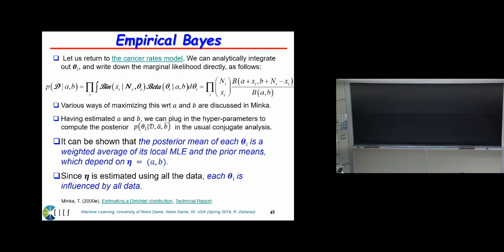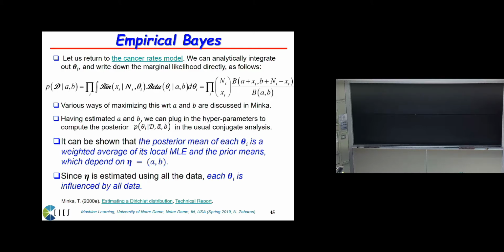In this particular problem with the cancer rates, we have seen the marginal likelihood explicitly in a few of the lectures. The way you calculate the marginal likelihood is effectively a ratio of normalization factors of the likelihood, prior and posterior. We discussed this for the binomial beta distribution in the last lecture as well.